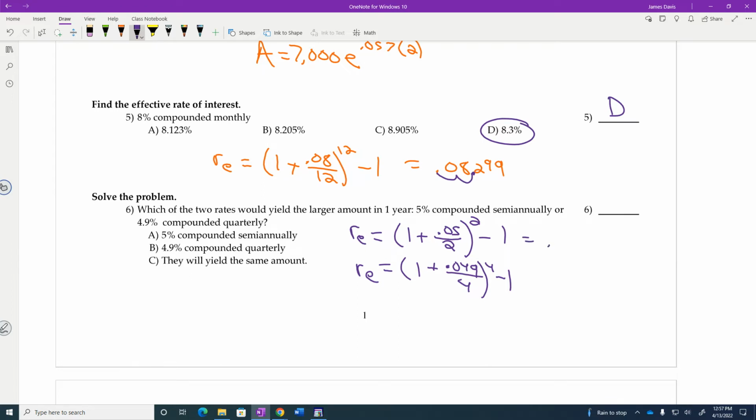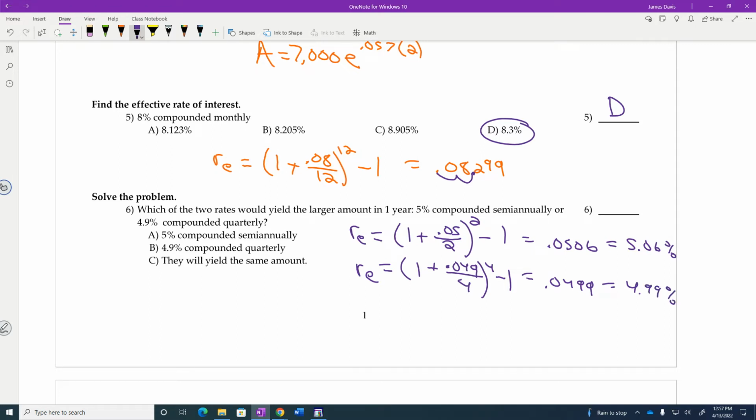This first one, you'll get 0.0506. So move 2 places, that'll be 5.06%. And our next one, we get 0.0499. Move it over two places, we get 4.99%.